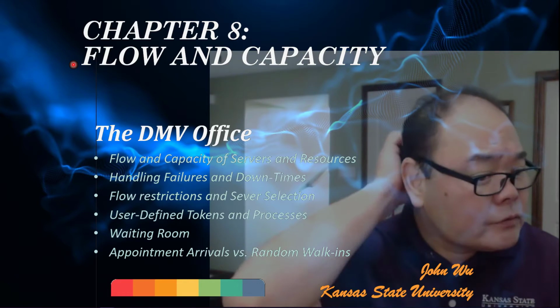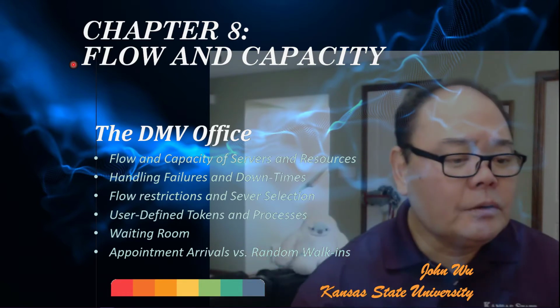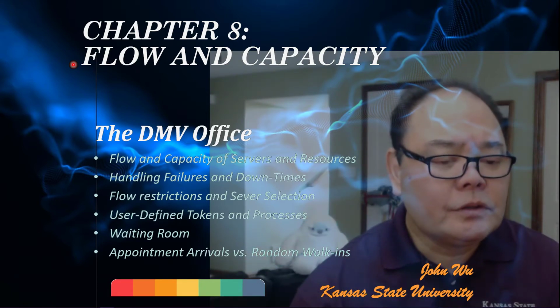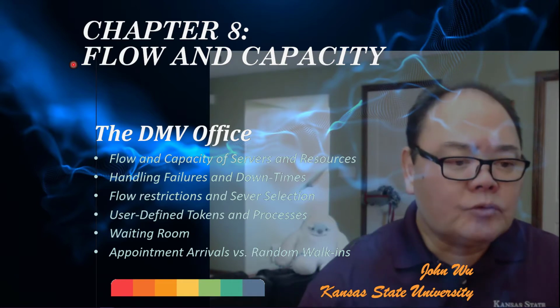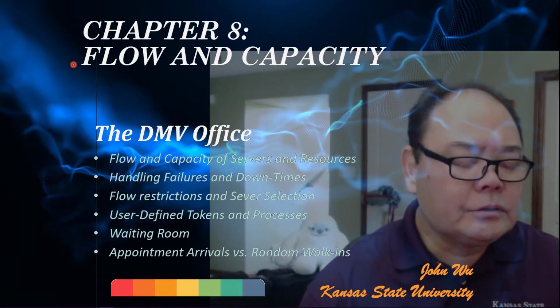Okay, so first we're going to talk about the flow and the capacity of the server, and then we're going to add on resources as a clerk to the server.